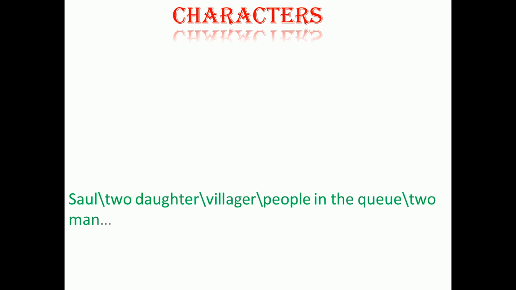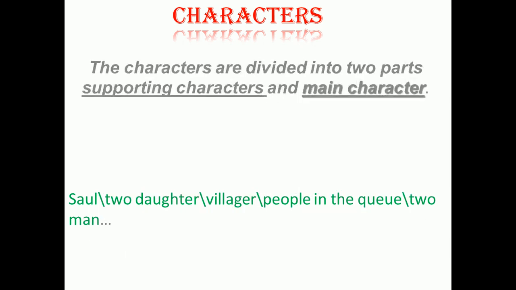Characters are divided in two parts: supporting characters and main characters. We can remove a supporting character, but the main character is very important for the story. We can't talk about a story without characters.